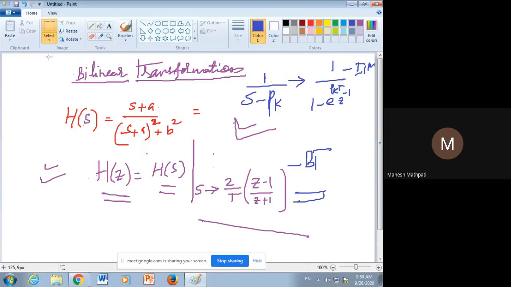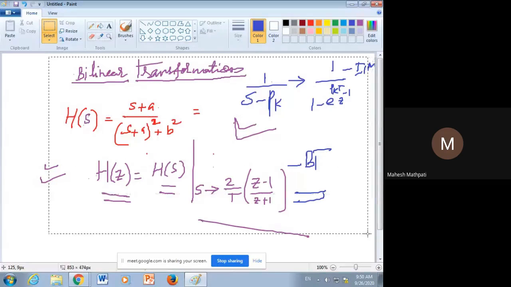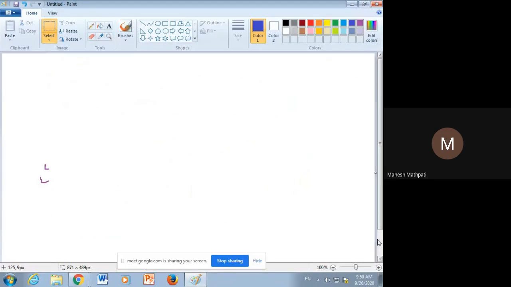Just write the title as analog low pass filter design.